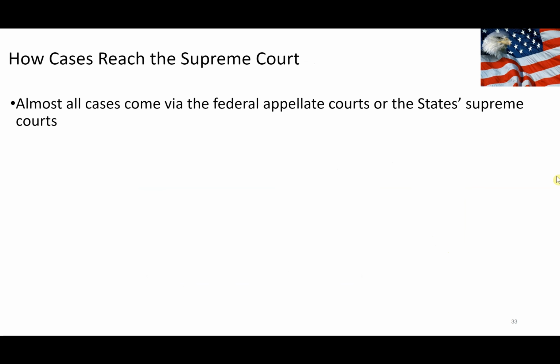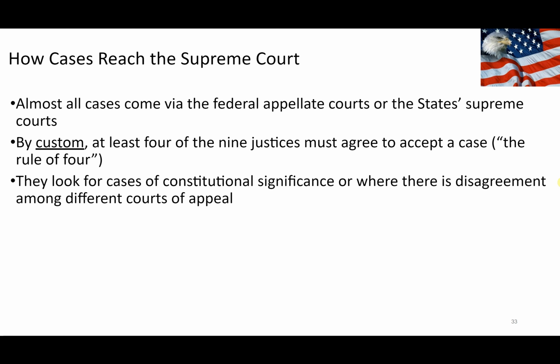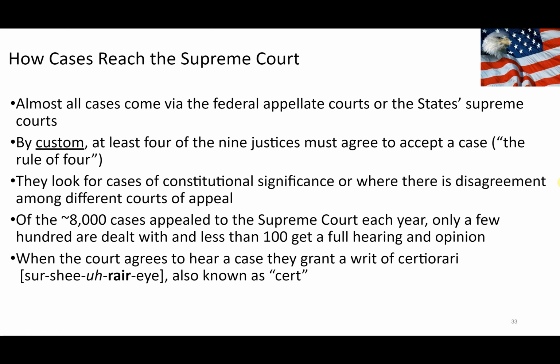Almost all cases come to the Supreme Court via the federal appellate courts or the state Supreme Courts. By custom, at least 4 of the 9 judges must agree to accept a case. This is known as the Rule of 4. They look for cases of constitutional significance or where there is significant disagreement among different courts of appeal. Of the 8,000 cases appealed to the Supreme Court each year, only a few hundred are dealt with and less than 100 get a full hearing and opinion.